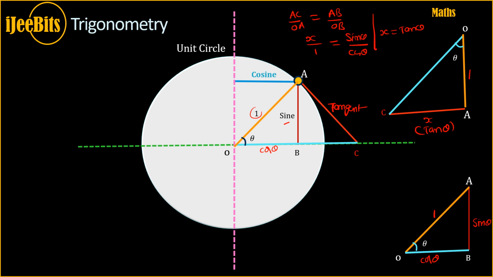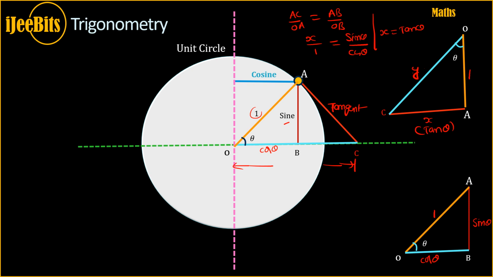Now let's find out OC. OC means this line. From the same triangle, let OC be y, and make a relationship between these two, hypotenuse versus adjacent.